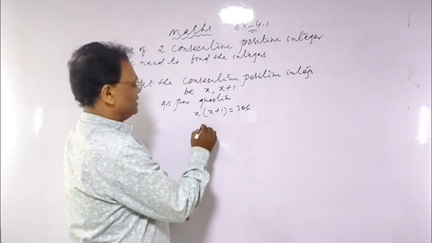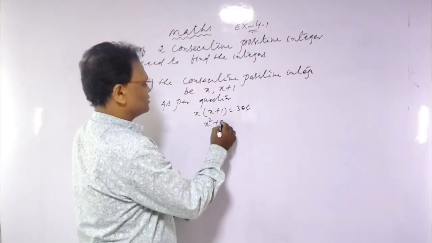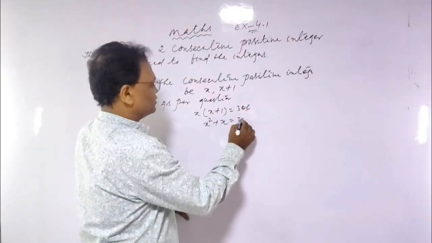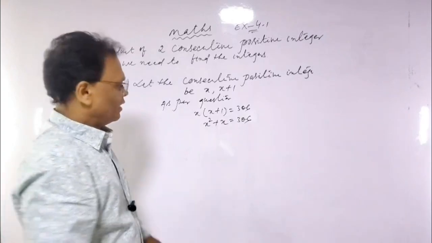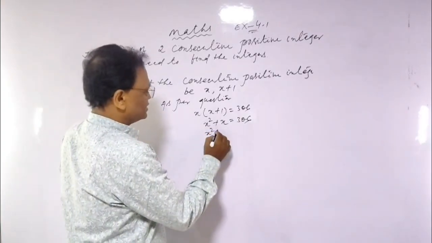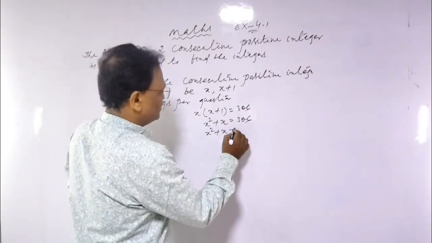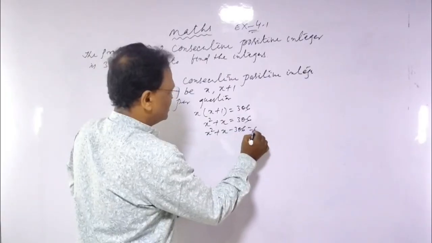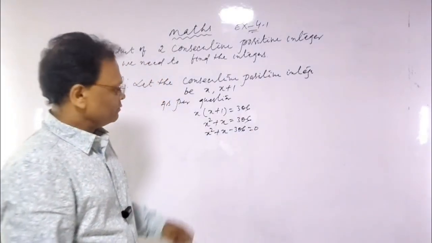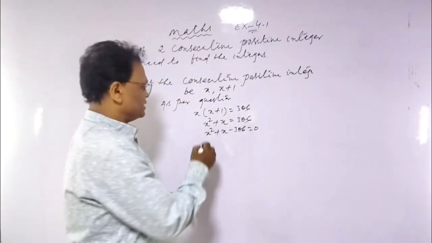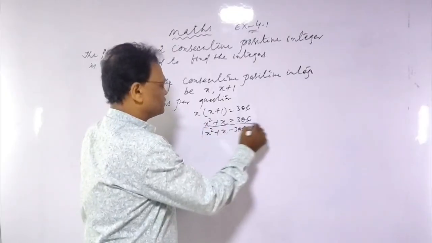Multiply straight. x into x, x square, plus x into 1, x, is equal to 306, or x square plus x minus 306 is equal to 0. Over. So this is your quadratic equation.